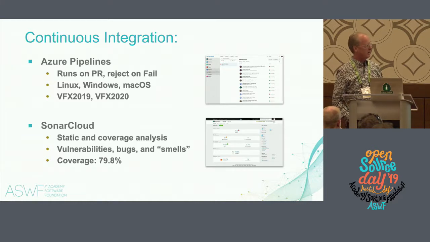And our analysis through SonarCloud is up and going as well. So we're still in the process of establishing this, but it's a good thing. The code coverage on the test suite in OpenEXR, the initial report is pretty good to start out with.